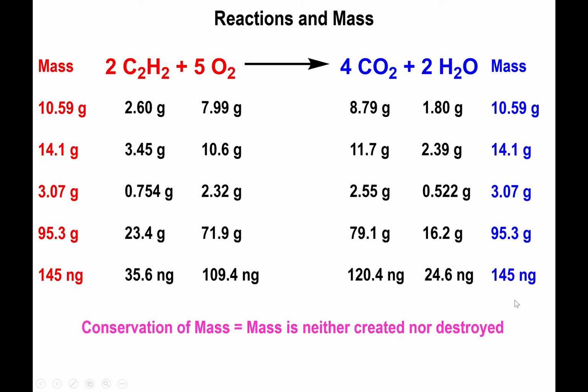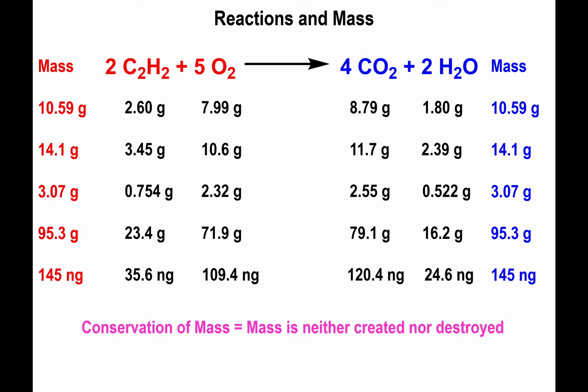So long story short, what was observed, and this dates back to the 1600s, maybe even earlier than that, is that the original mass that you start with for all of your reactants ends up yielding the same mass for your products.